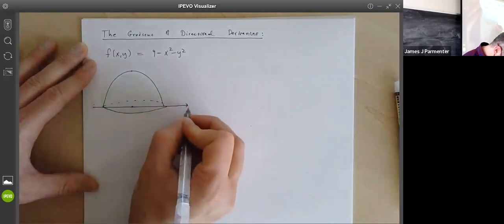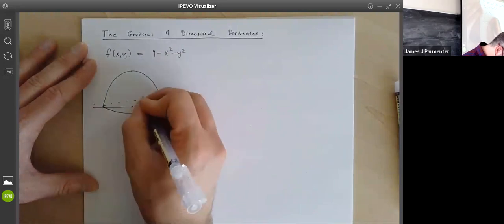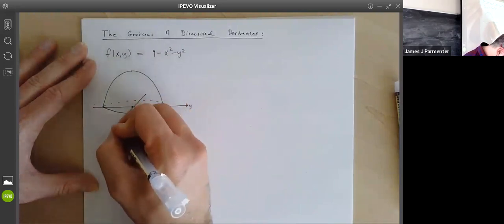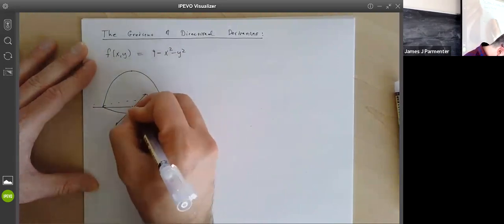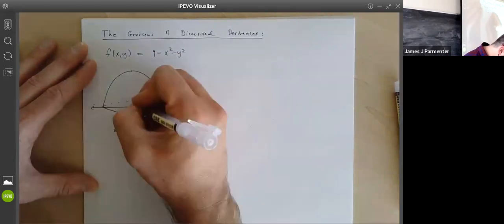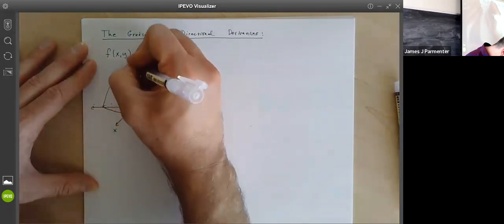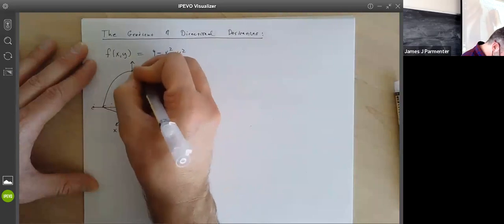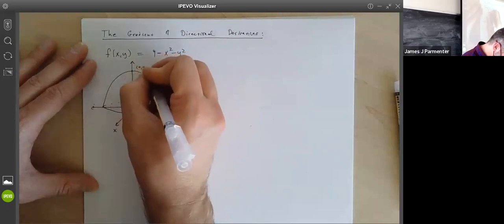Here's my y-axis, here's my x-axis, and here's the z-axis. It has an intercept of 0, 0, 9.